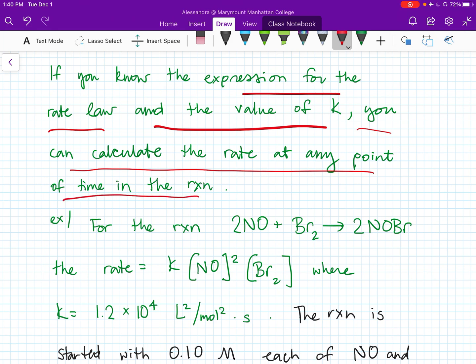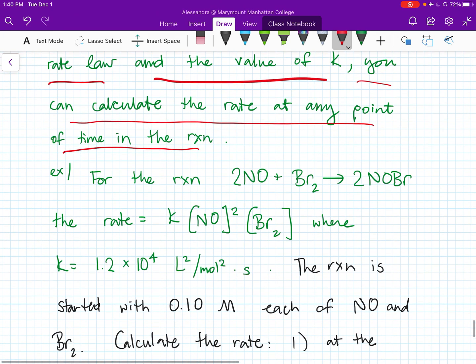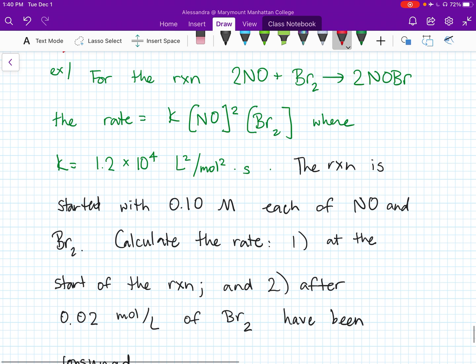So let's take the reaction that we used in the previous video as our example. The reaction where two nitrogen monoxides react with bromine to make two NOBr. For that reaction, we determined that the rate law is rate is equal to the rate constant times NO squared times bromine concentration.